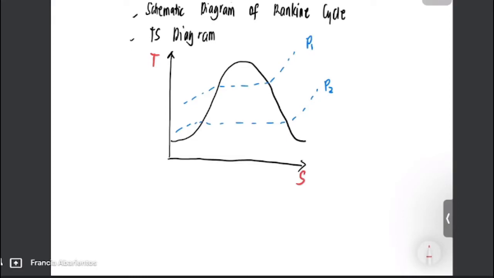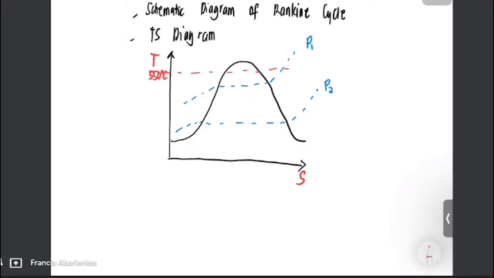Ano yung given sa atin? 550. Okay, so pantayan class yung 550 nyo.